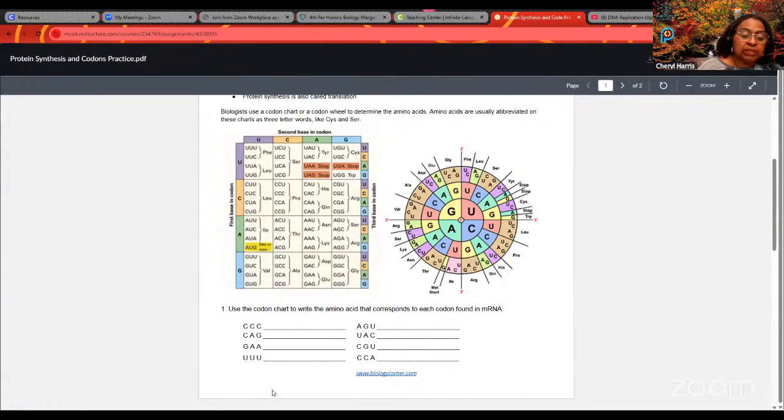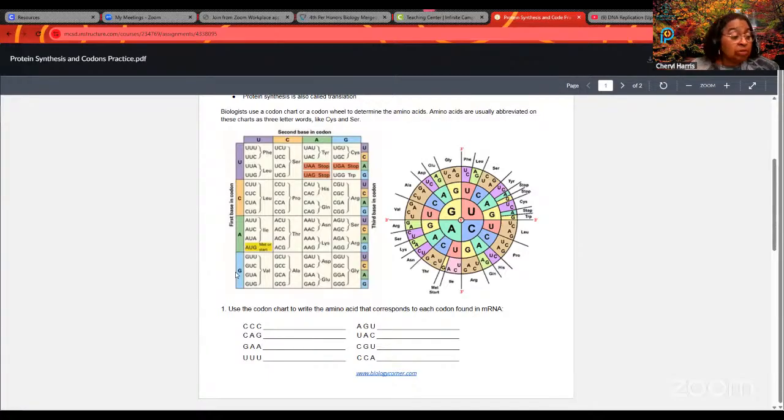Okay. Coming back to the other side. CAG. So I'm looking at that one. Again, follow the words on the side of the box. It says first base and codon. My first base and codon is a G, so I look for the G. And that's the bottom one on that side that says first base.